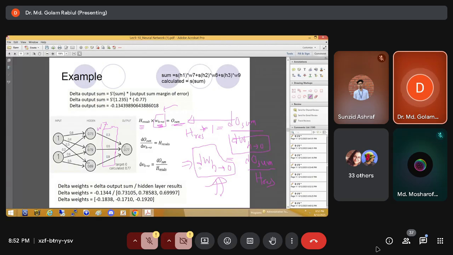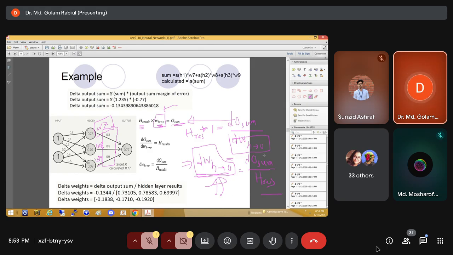We need to find out how much change we have to perform in W8, and how much change we need to perform in W9. That is our delta weight, the delta W. And how can we determine that? It will be delta O sum divided by hidden layer results.